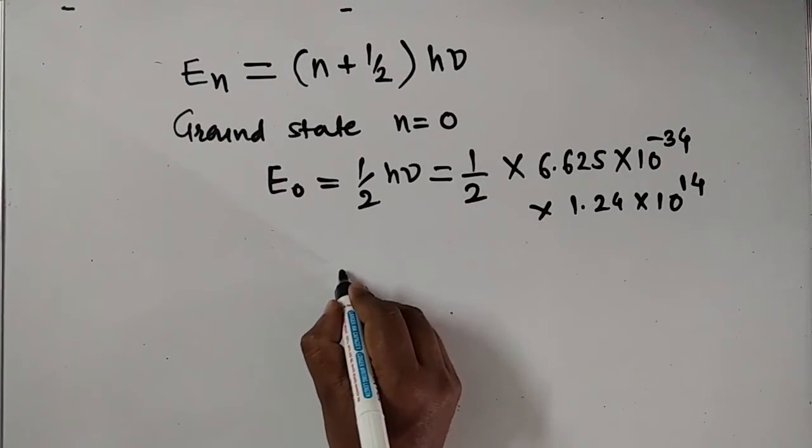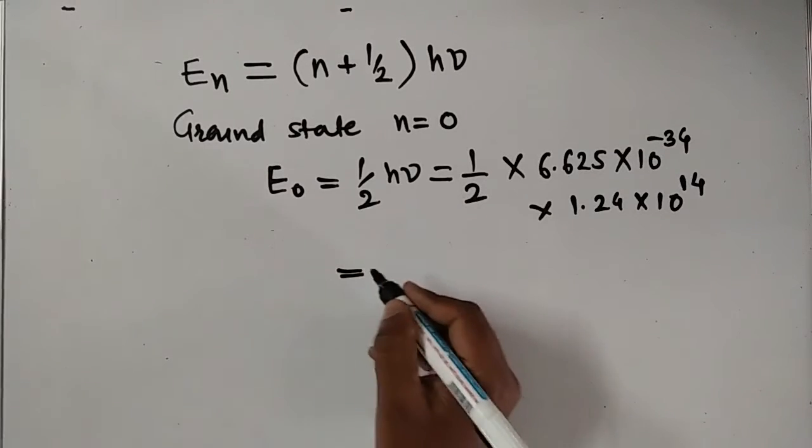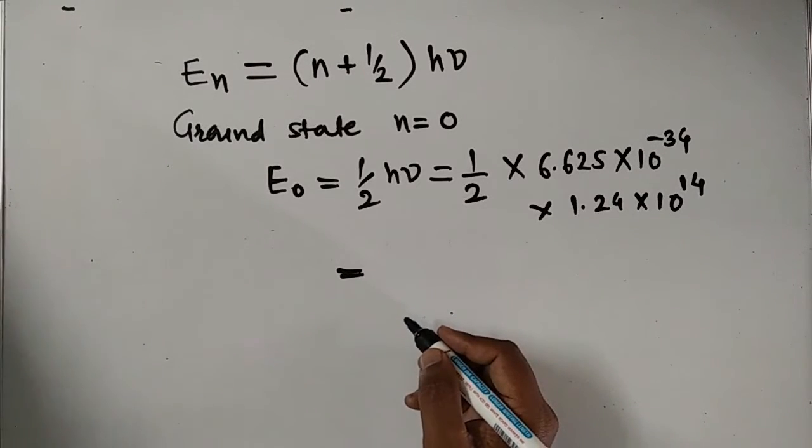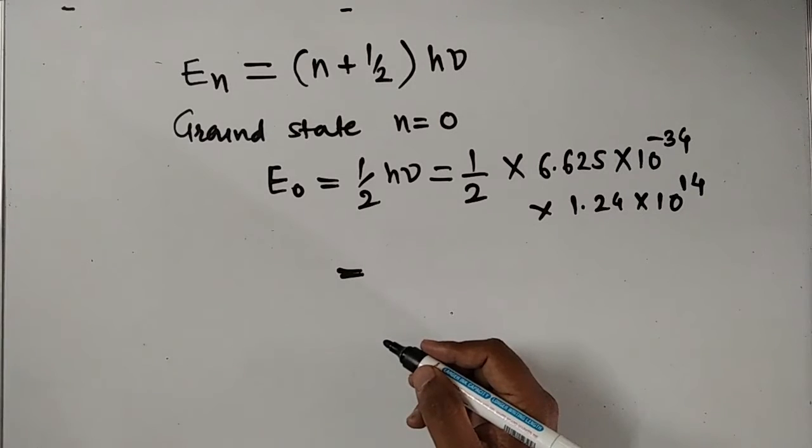So these values are given, so we can easily calculate the energies. So let us calculate the energy, right? So it is 1/2 means 0.5 into 6.625 into 1.24.